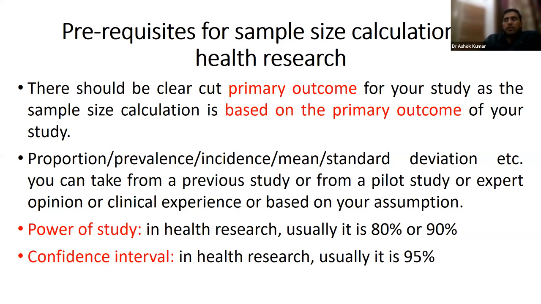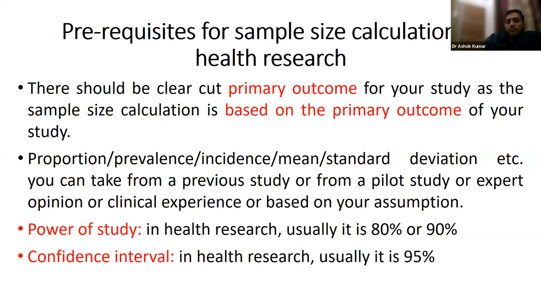Suppose you are thinking that you are conducting a study on 100 sample size, then you can take 10 samples. You can do a pilot study. And from this pilot study, you get prevalence, percentage, proportion, mean, standard deviation. Then you can calculate sample size on the basis of this pilot study's results.